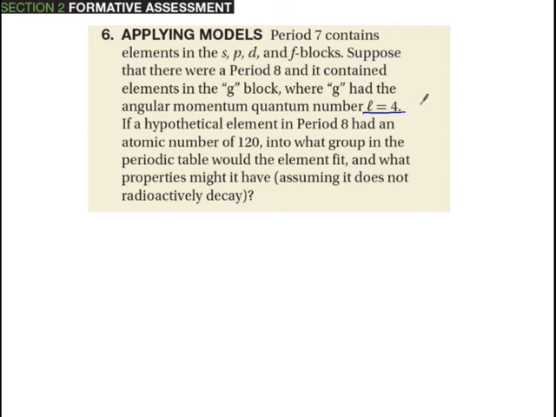If you remember, l equal to 0 is s, l equal to 1 is p, l equal to 2 is d, l equal to 3 is f, and l equal to 4 is, let's say, g. If a hypothetical element in period 8 had an atomic number of 120, into what group in the periodic table would the element fit, and what properties might it have?